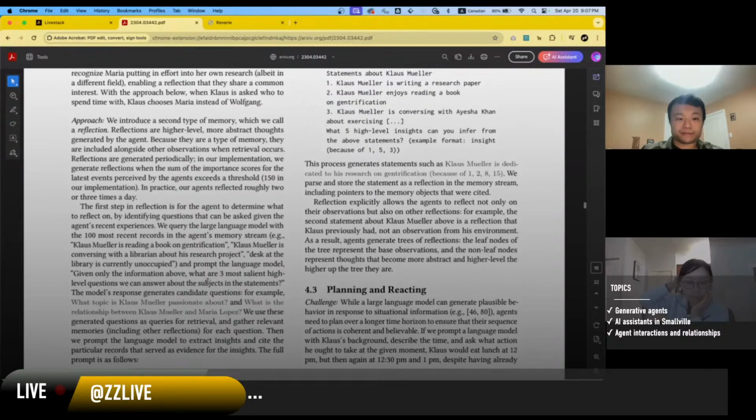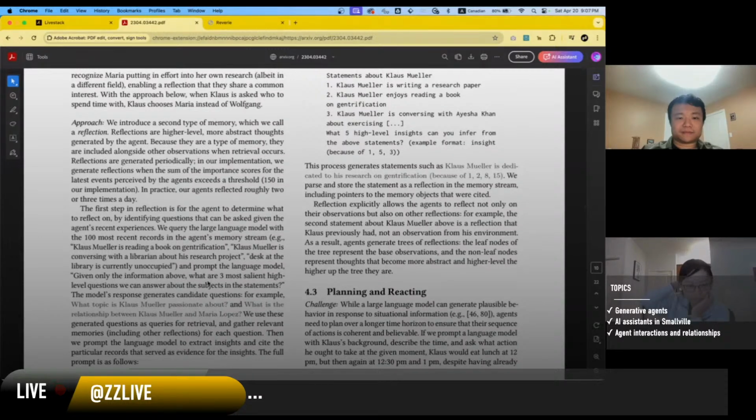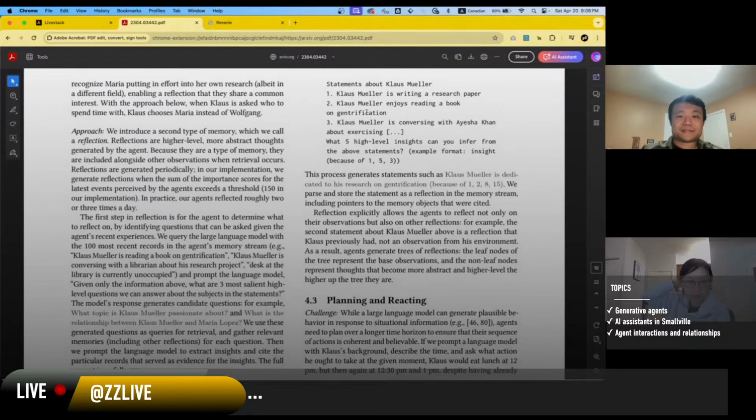So it's literally trying to generate potential questions to answer. Basically, three lines above the questions. The model's response generates candidate questions.